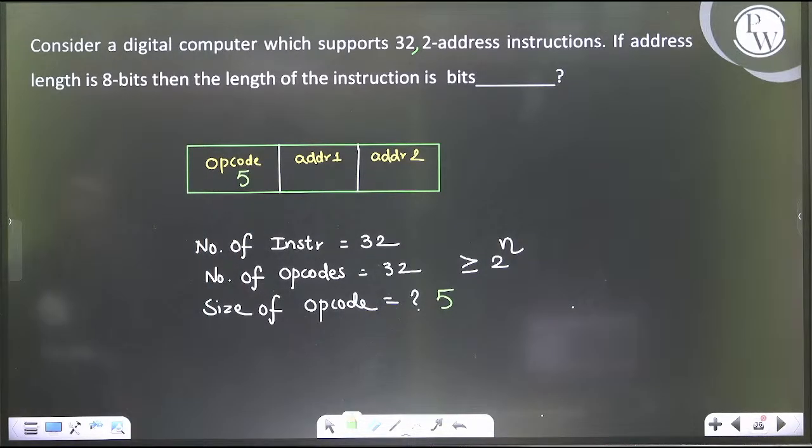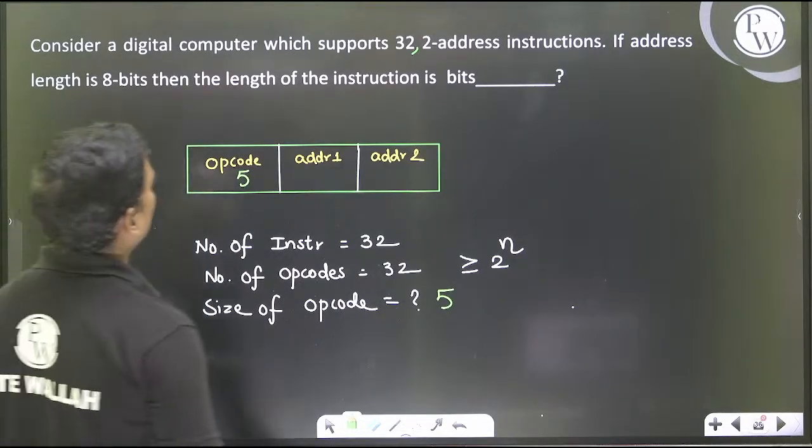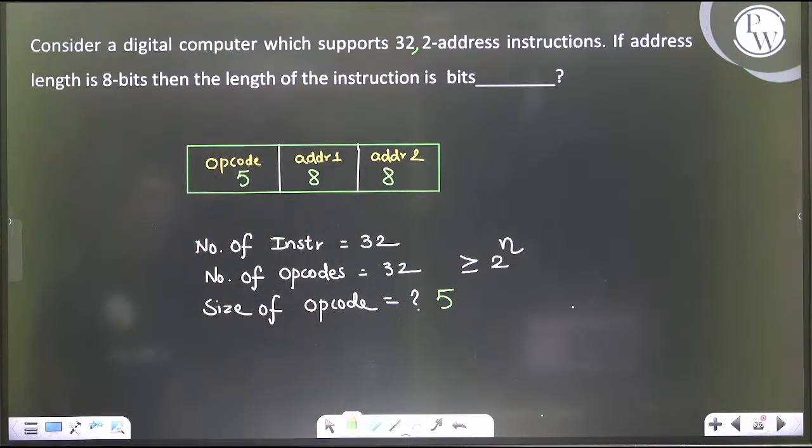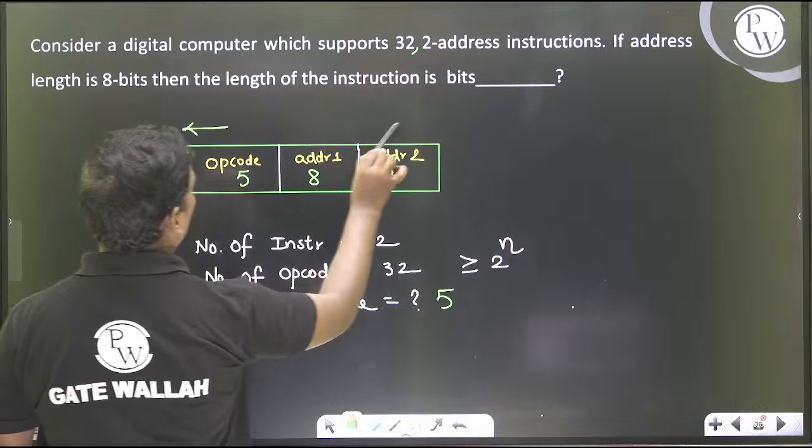Next, if the address length is 8 bits, so this is 8 and this is 8, that's it. And what is the length of the instruction?